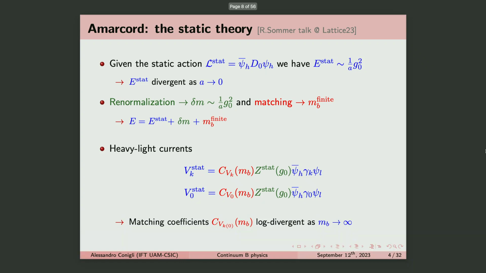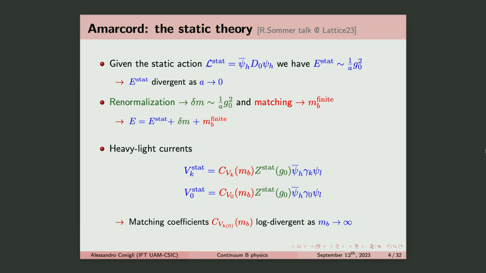Similarly, if we now look at the heavy-light vector currents, as shown here, the vector currents in the static limit have this multiplicative matching coefficient C_V and this renormalization constant. In particular, the matching coefficient is log divergent as m_b goes to infinity.